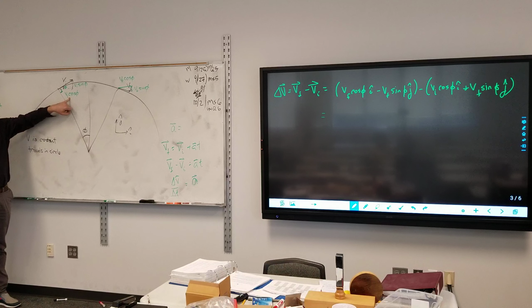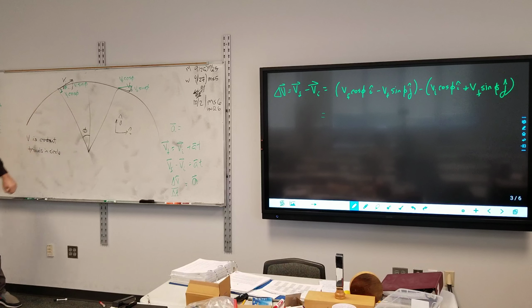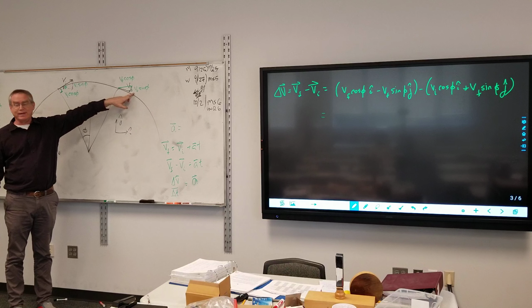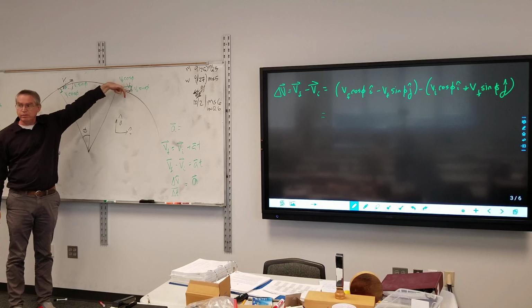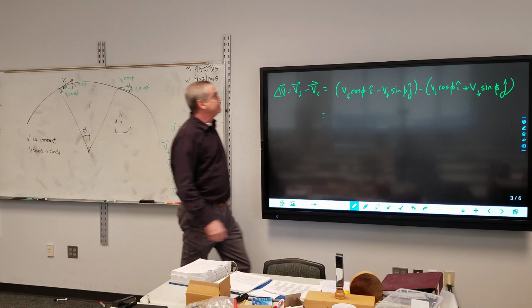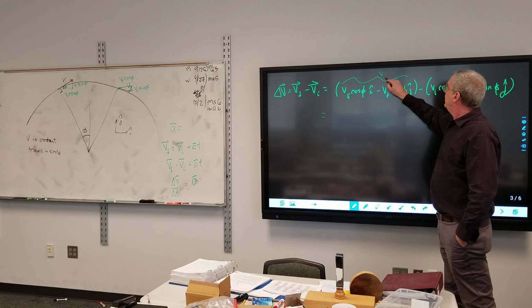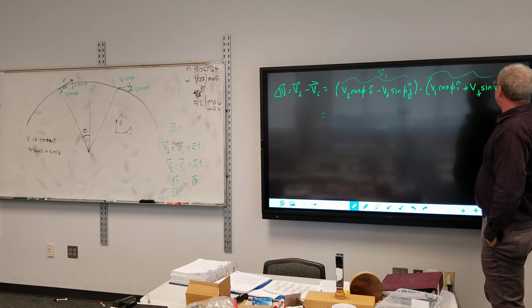You good with this being cosine and then sine? Yeah. All right. So I define my i hat, j hat like that. So it's VI cosine phi i hat, VI sine phi j hat, plus in between them. Over here, this one's going down, so that's why it's negative. So this is my VF, and this is my VI.